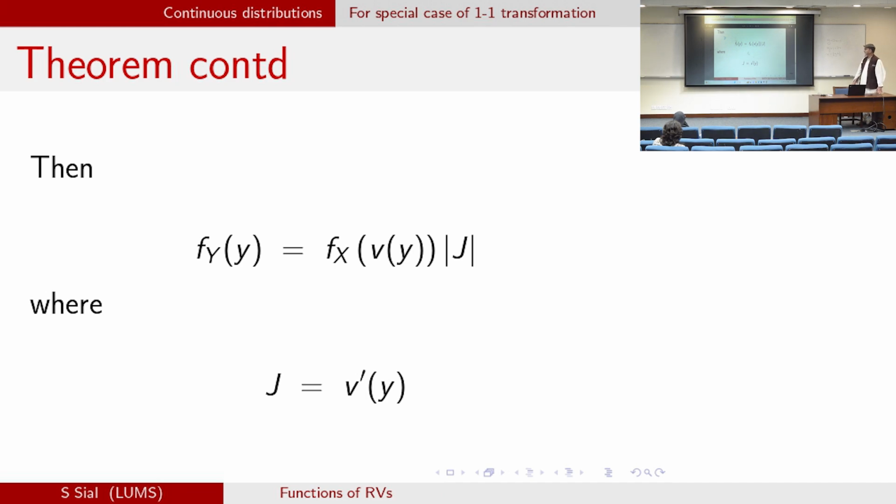Your f sub Y is going to be equal to f sub X evaluated at v of Y, remember X was equal to v of Y, times the absolute value of the Jacobian J, and in the one-dimensional case, J is equal to the derivative of the inverse transformation evaluated at Y.